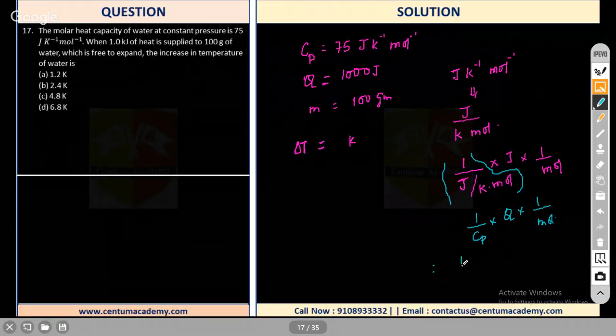1 by Cp is nothing but 1 by 75, Q is 1000, and 1 by mole we have to find out. Mass is given, so 100 into 18, the molecular mass of water.